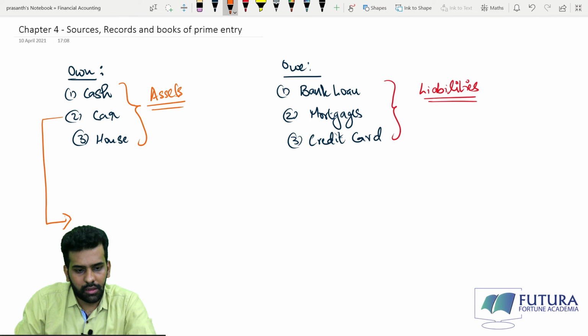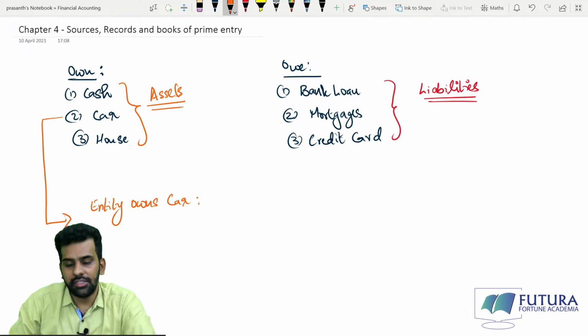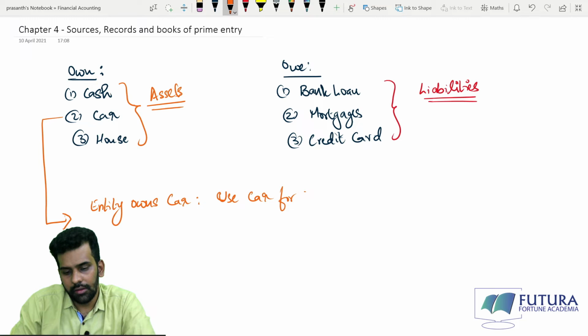So let us say your entity owns a car. What will the entity do with the car? The business will use the car for its operations. So what does this mean? If it owns the car, then it has the right to control the car.